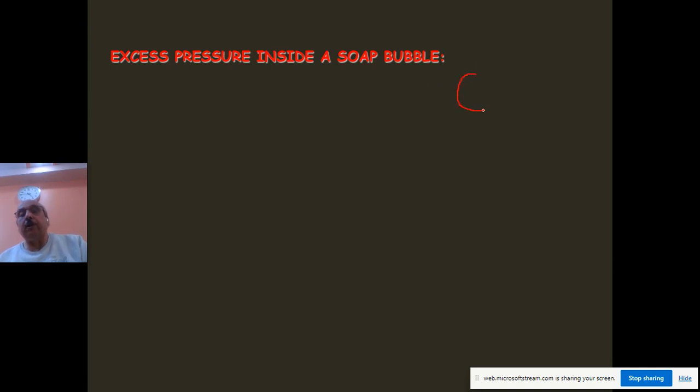If we consider a drop, the liquid is filled in this drop, and here is air, here is liquid, and this is the surface. So a drop has a single surface.